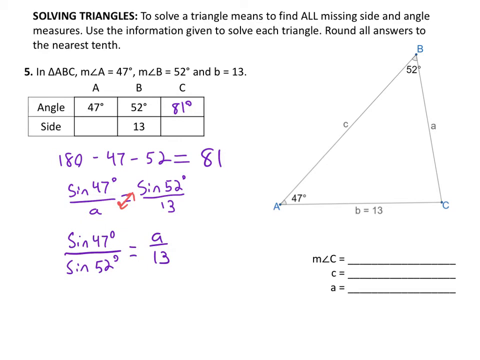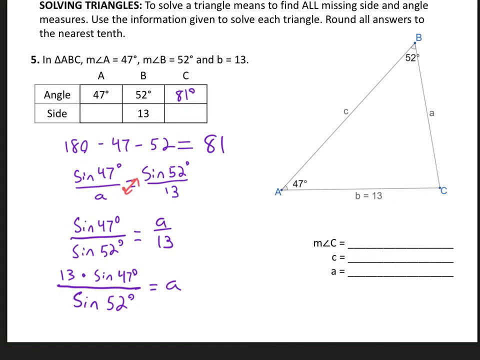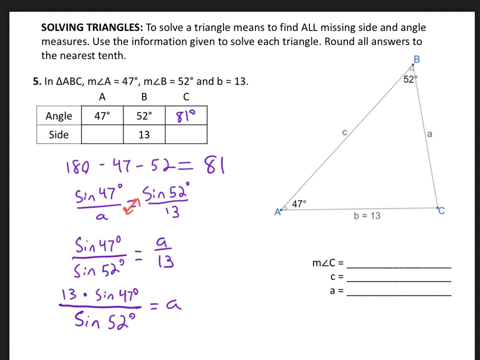Now I can multiply both sides by 13. And 13 times the sine of 47 degrees divided by the sine of 52 is 12.06. To round answers to the nearest tenth, I will say that that is 12.1, and I'll write it into my table.